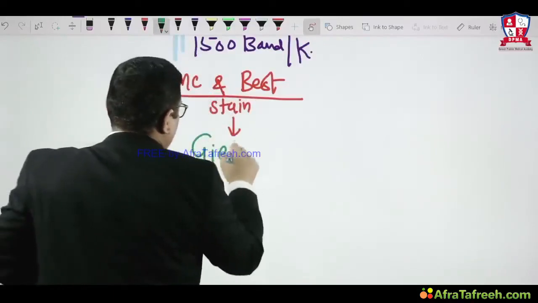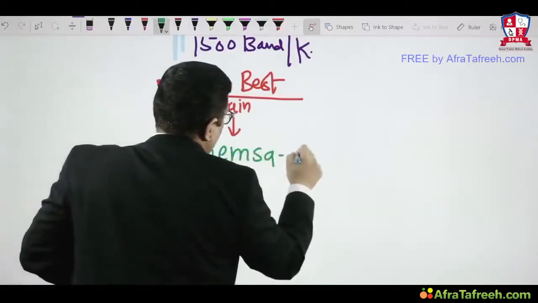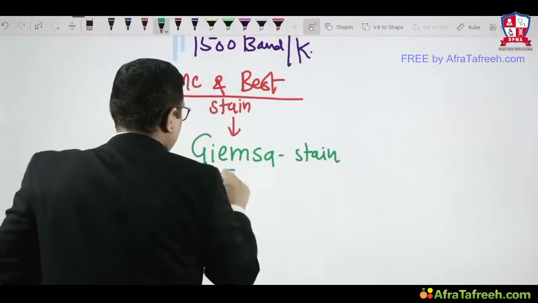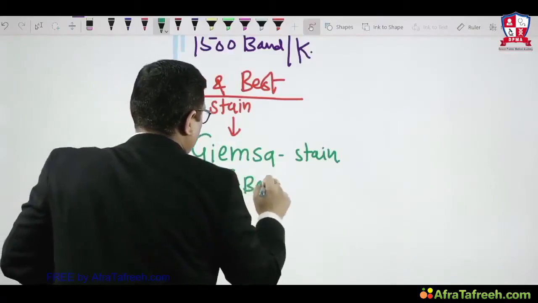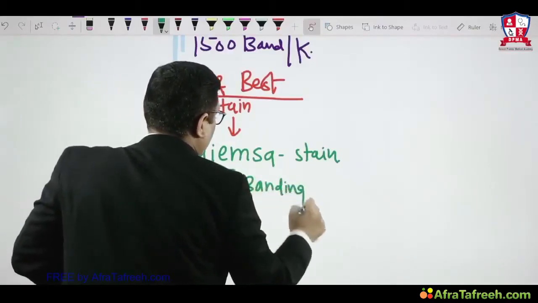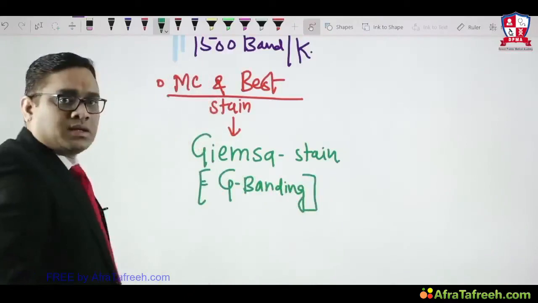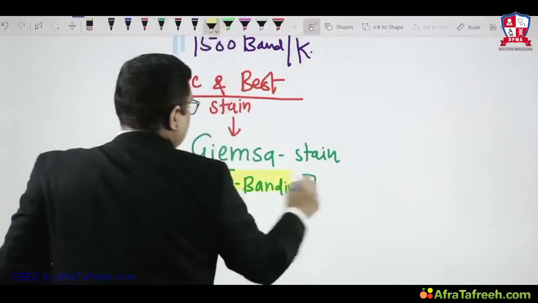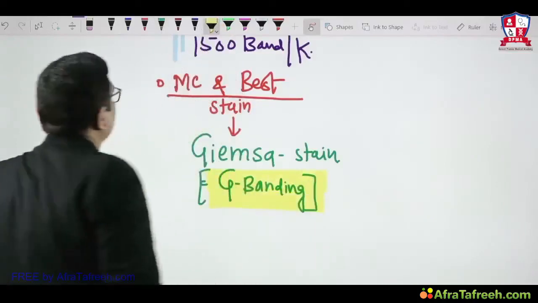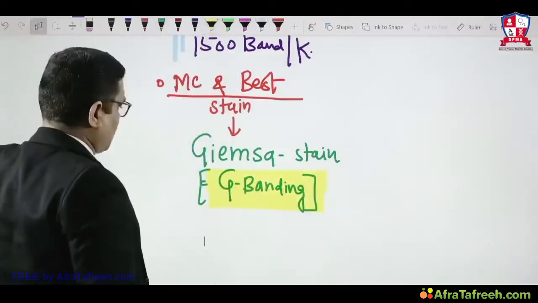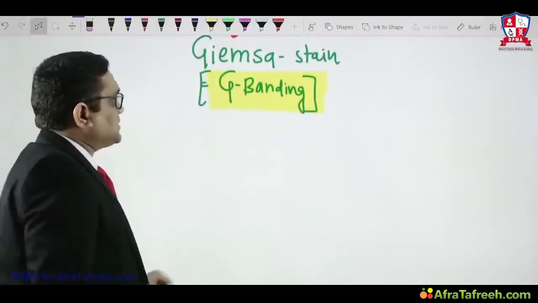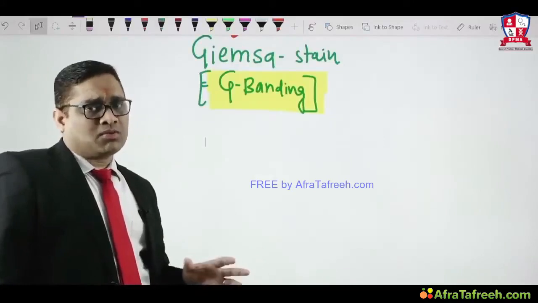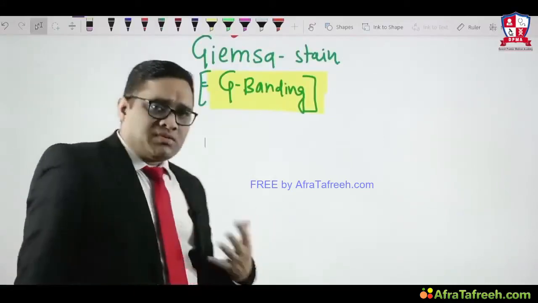It is the best for karyotyping, and that is why karyotyping is sometimes also called G banding. Giemsa stain is the best and most commonly used stain for karyotyping of the chromosome. This is how we study the chromosome.